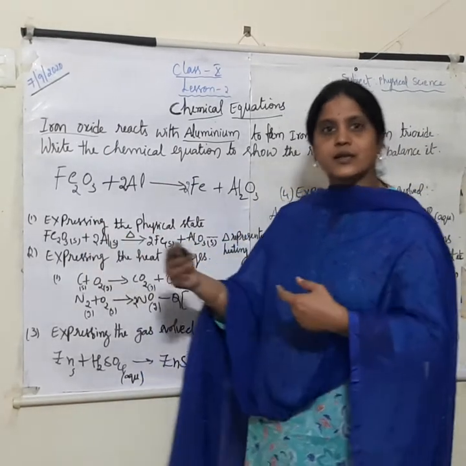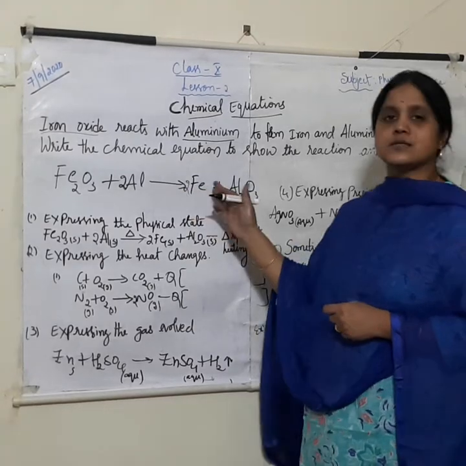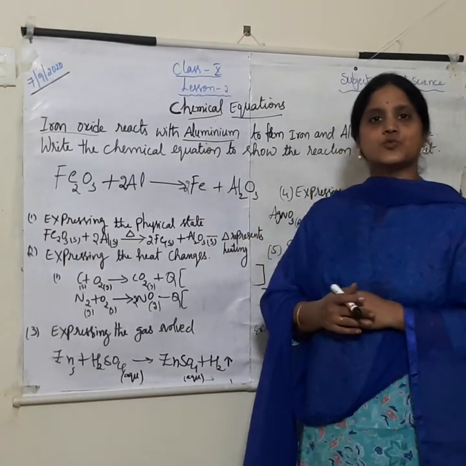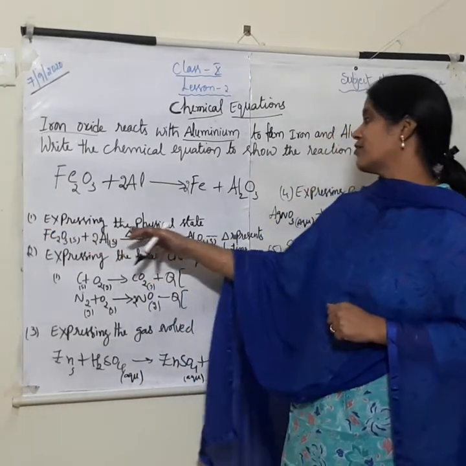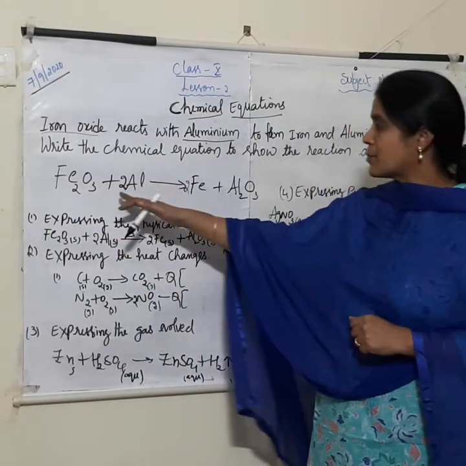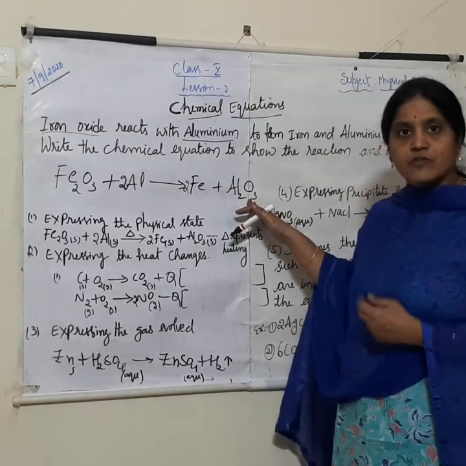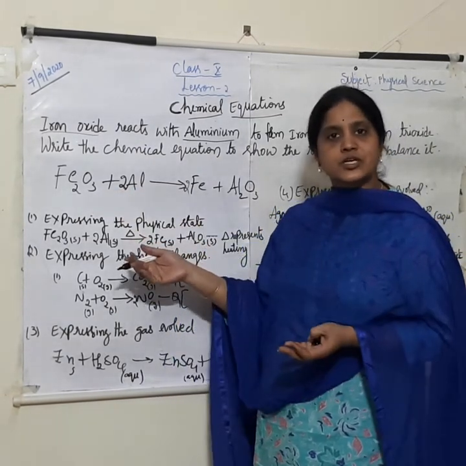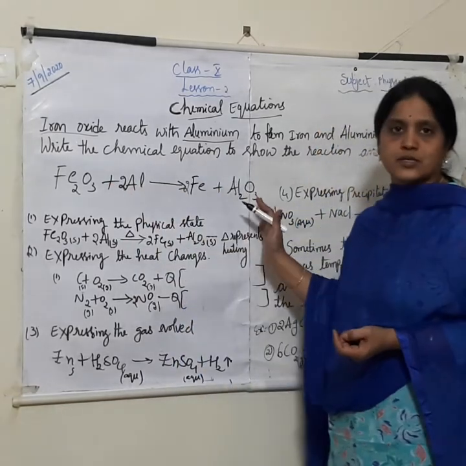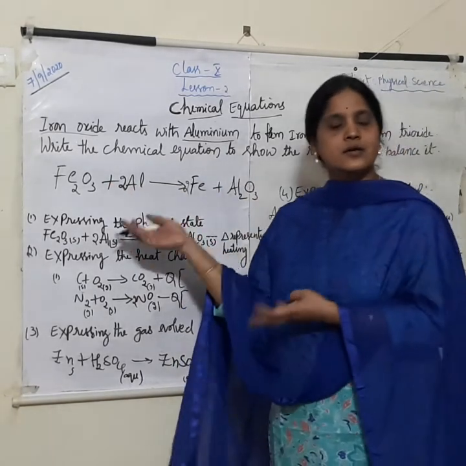All that we can interpret through this balanced chemical equation. The first one is expressing the physical state: we can find out the physical state of the reactants and the products, whether they are solids, liquids or gases.